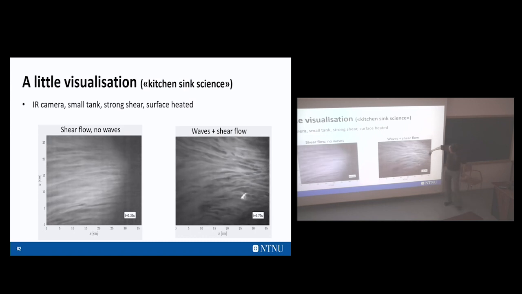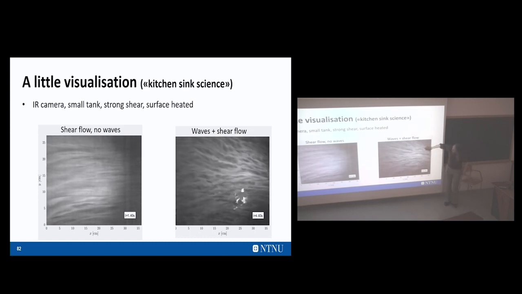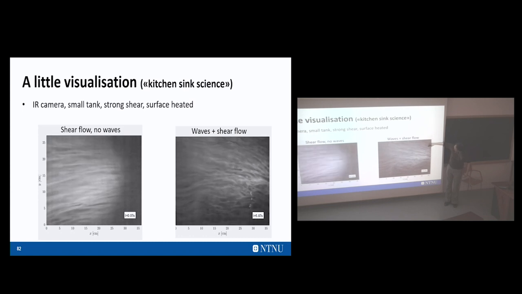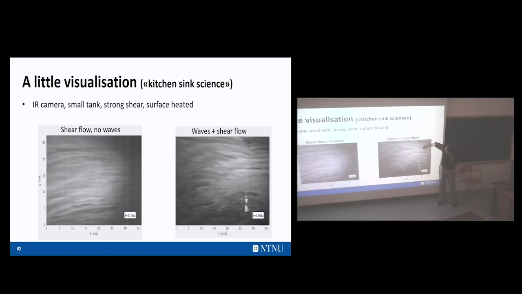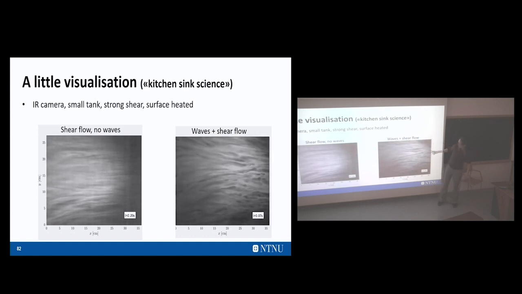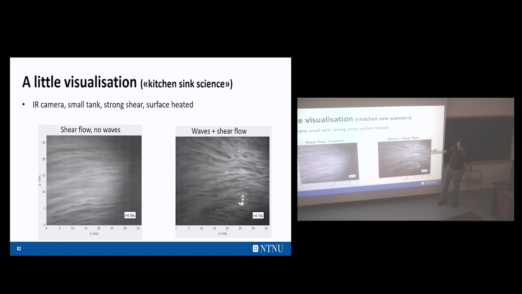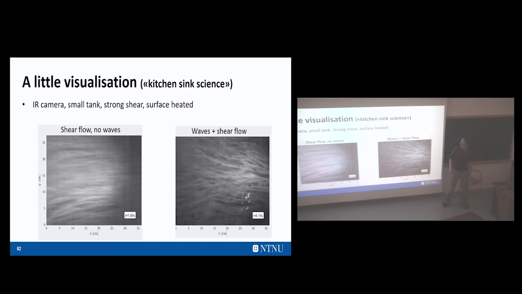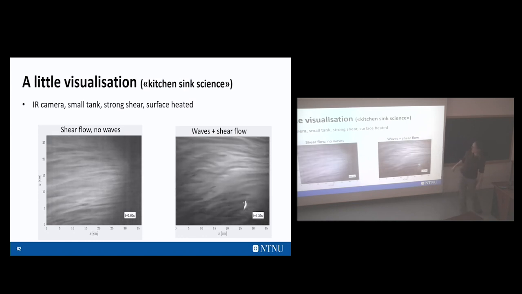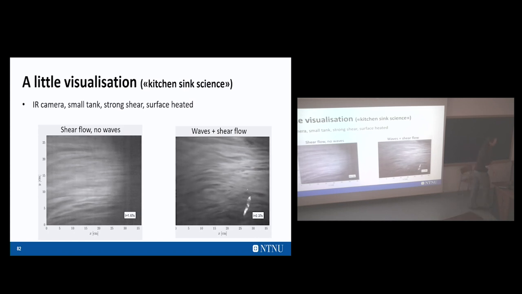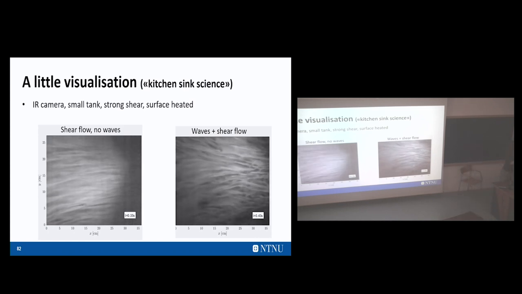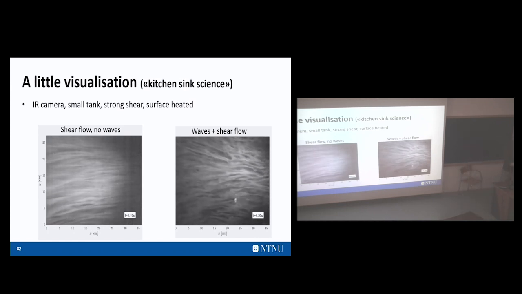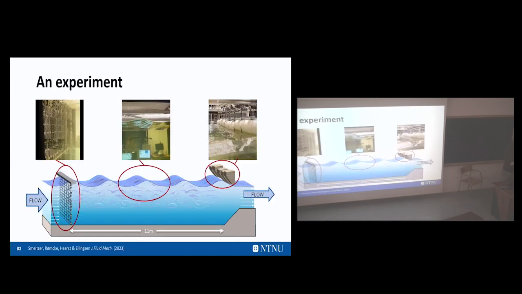And then you see now we've got some waves coming in, and you can see qualitatively what the wave does. It makes these streaks a lot more pronounced. I think it's a nice little visual illustration of the kind of phenomenon. Anyway, we've got this nice little lab that we like to play with.